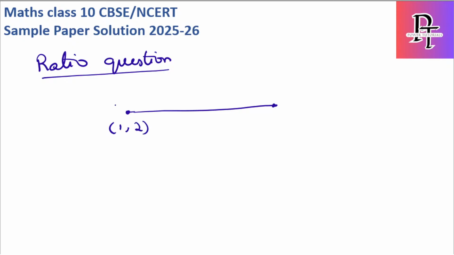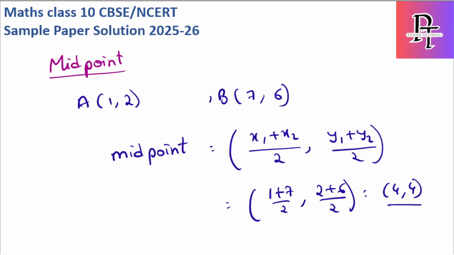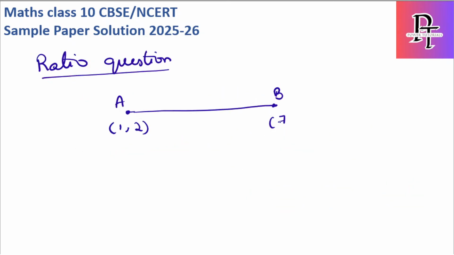Take the same points A and B. So if I say I have a point C such that it is dividing in ratio 2:3, we have to find the point C here. So how to find it? For this we have one formula. I will write the ratio as m:n for suppose, and these are (x1, y1), and this is (x2, y2).